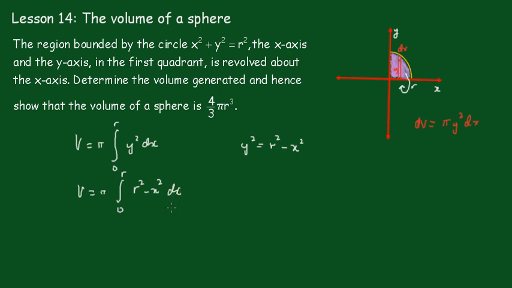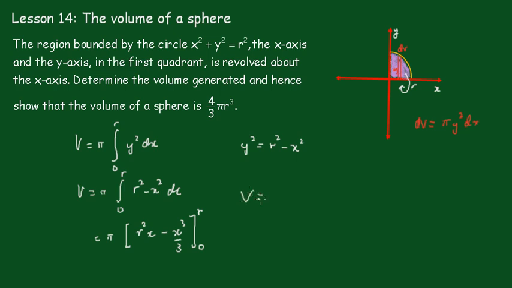Now, that's going to be equal to pi. Integrating the r squared, we're going to get r squared x minus x cubed on 3 between r and 0.